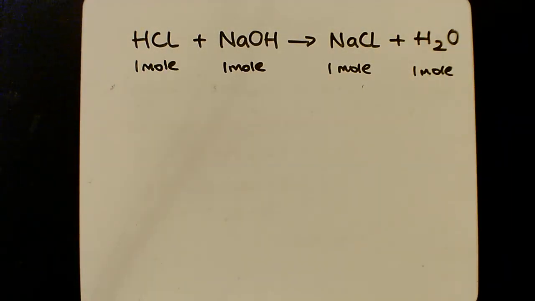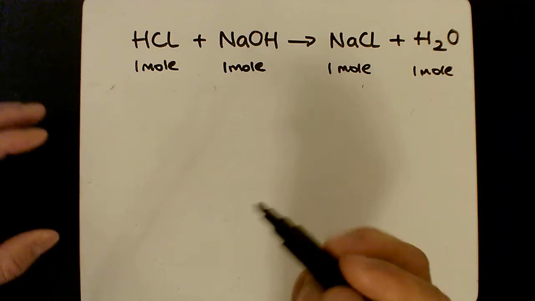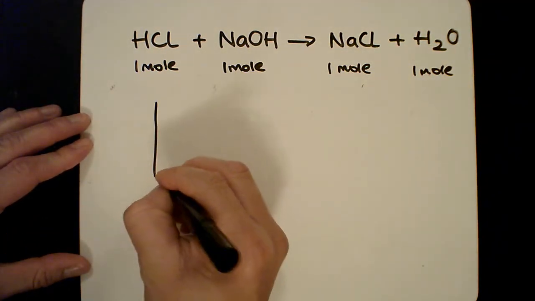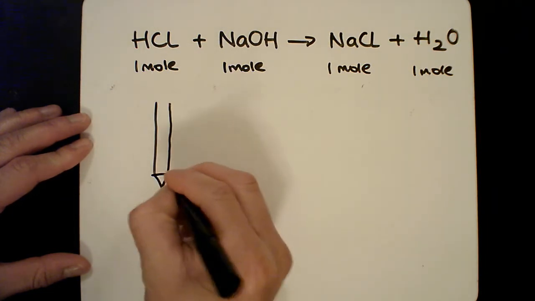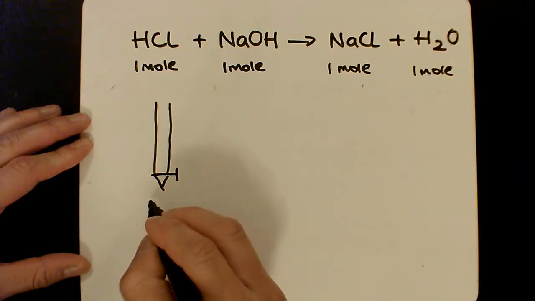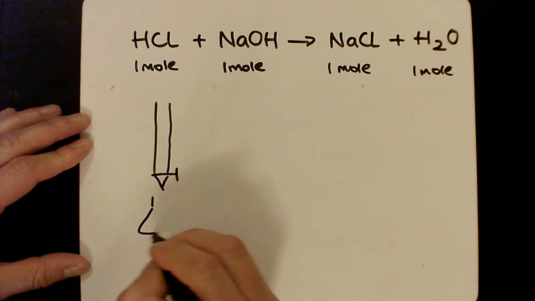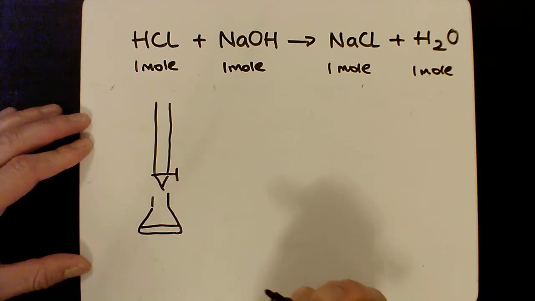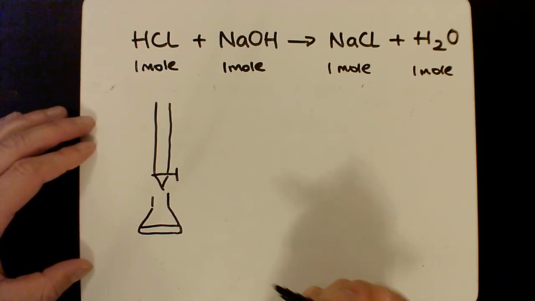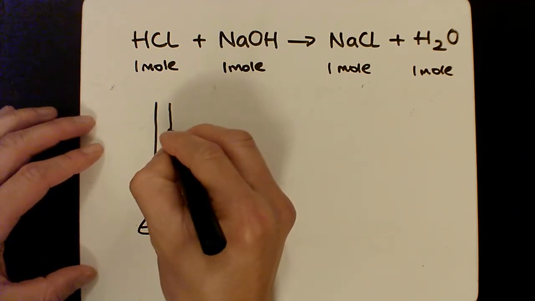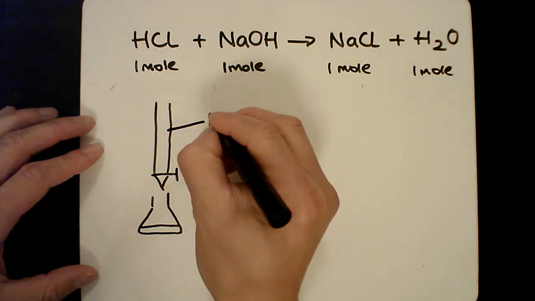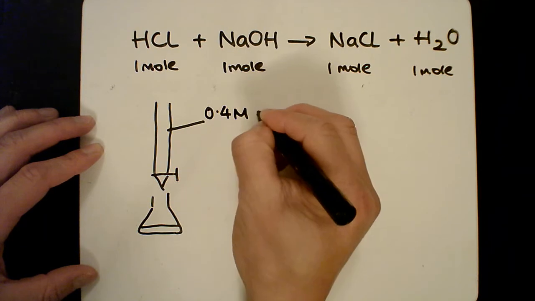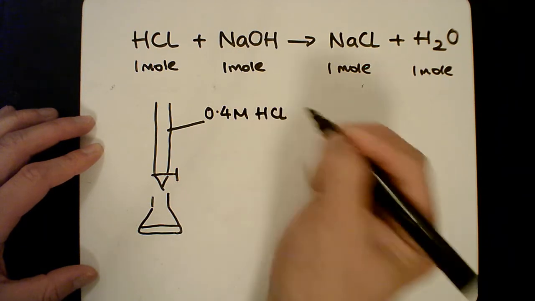Now, in the required practical for the titration, you are given a burette, which you fill with acid, and you have a conical flask with a known volume of sodium hydroxide. So in the burette, you have, let's say for example, 0.4 molar concentration of HCl.